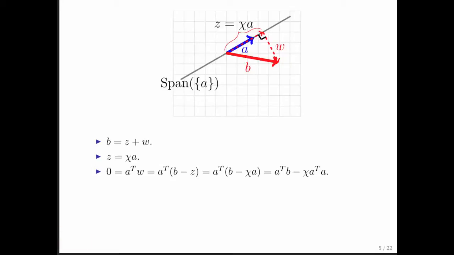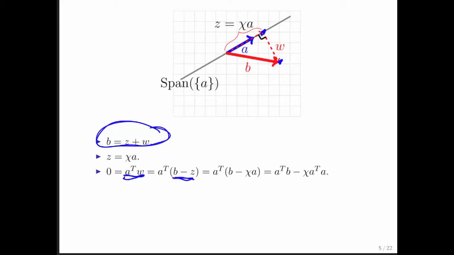Why? Because that means that this point is the closest point to the point that B points to in the space spanned by A. So what does that mean? We know that A transpose times W is 0. We know how to solve this for W. That gives us this right here.